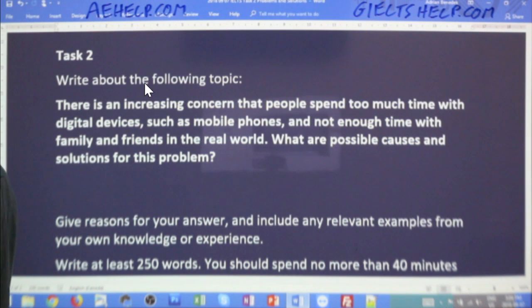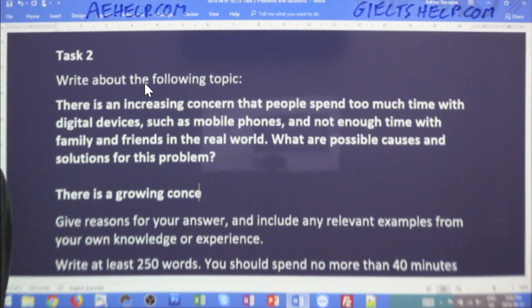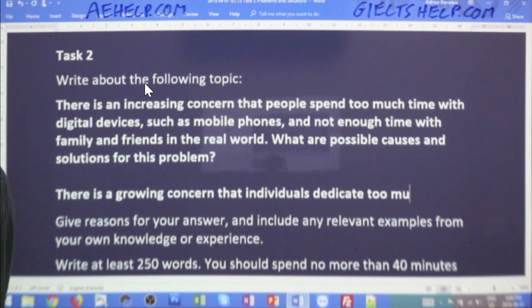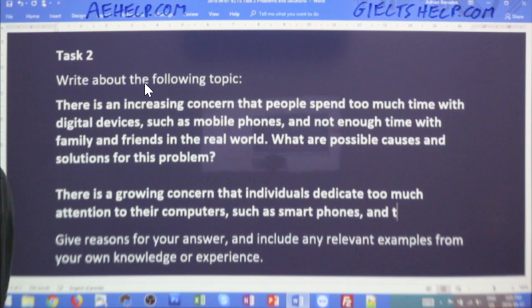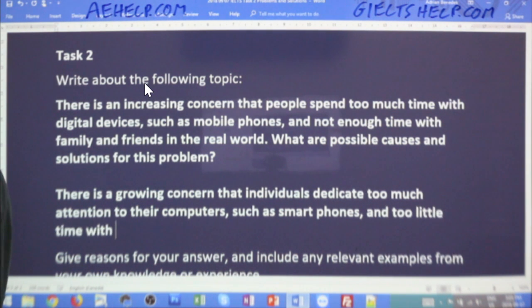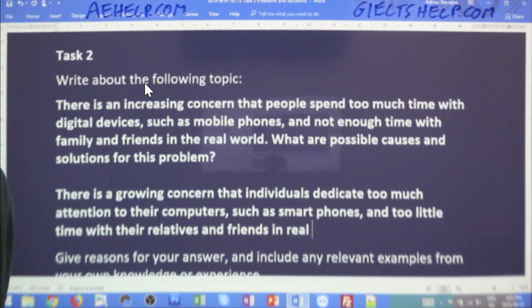So there is a growing concern that individuals dedicate too much attention to their computers, such as mobile phones or smartphones, let's say, a little bit of paraphrasing there, and too little time with their relatives and friends in real life.